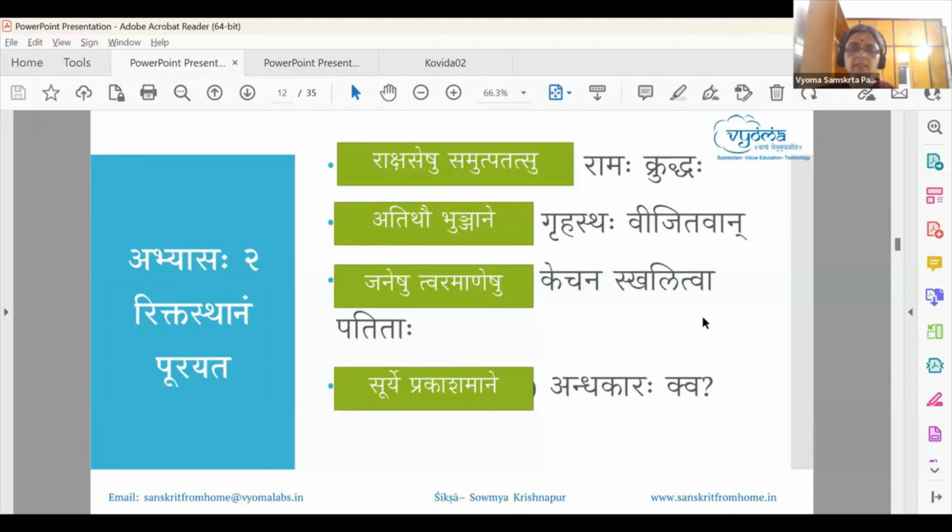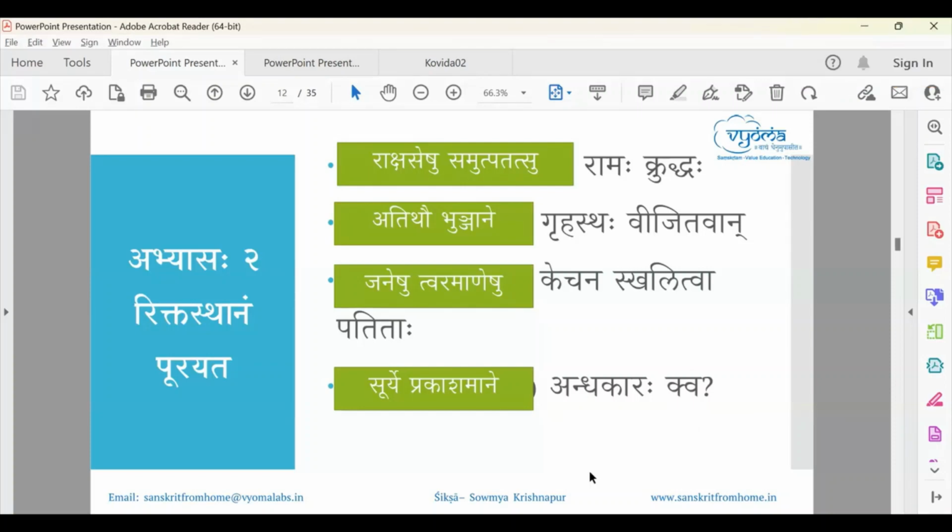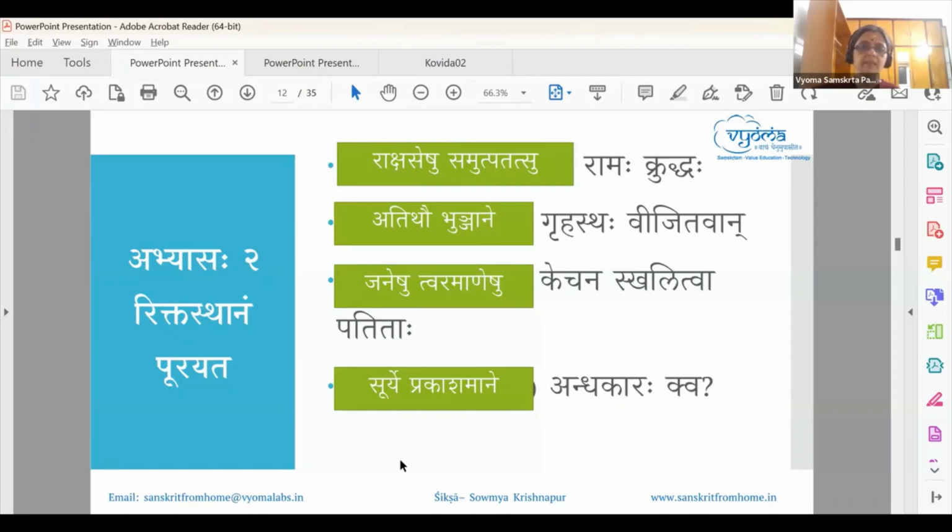So it is a question to indicate that there can be no darkness when the sun is shining brightly. So Surya Prakashamane Andhakaraha Kwa. It cannot be so, is the conclusion. Okay, I understood that Sati Saptami will always be in some past tense. It need not be. It can be in present, past, and in future. Okay, okay.